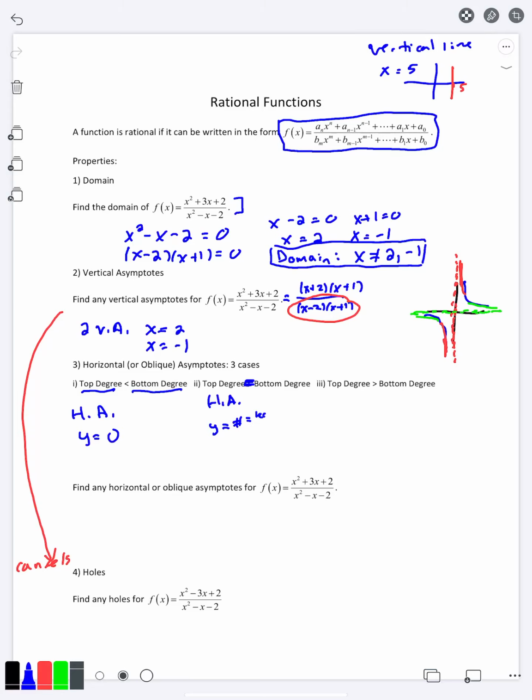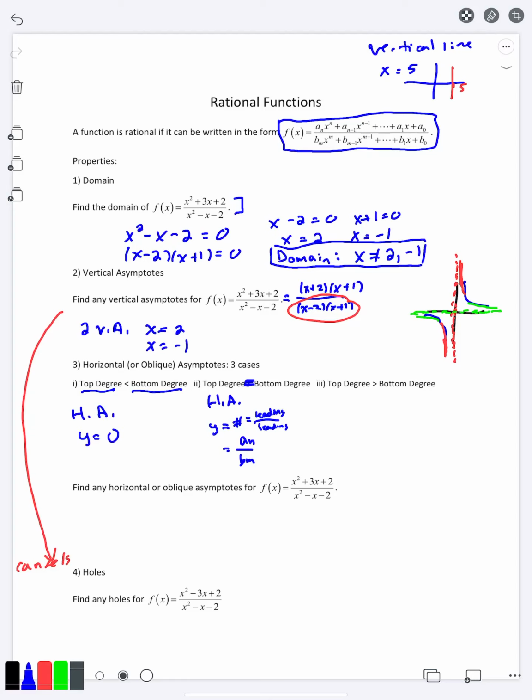This is going to be the leading coefficient over the leading coefficient, which in the case of here, that'd be a_n over b_m. So now this only happens when the degree of the top and bottom are the same, and then you take the leading coefficient of both of those polynomials, you divide them, and that will be your horizontal asymptote. We will see an example of this shortly.